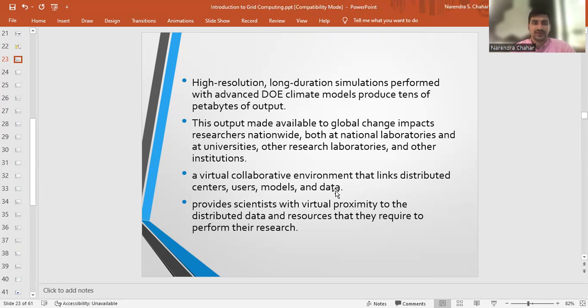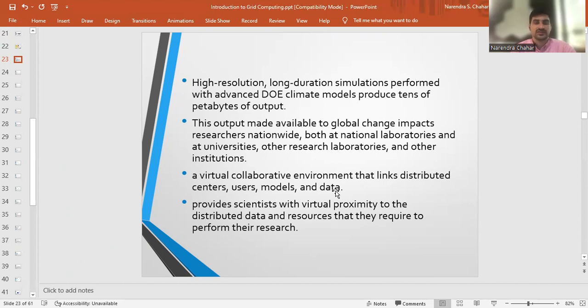So this output is made available to global change impact researchers nationwide, for everyone, both at national laboratories and universities, other research laboratories and institutions. So this data is shared with universities, colleges, laboratories, national laboratories, researchers, everyone.